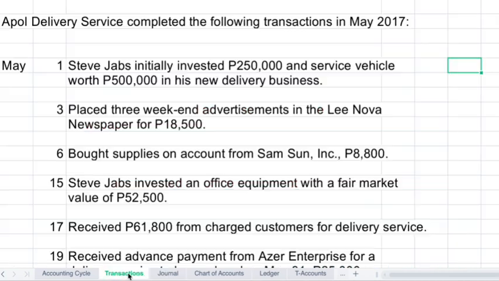Next, we'll have May 6. Okay. So we bought supplies on account from Samsung Incorporated 8,800. Okay, para hindi maging vague. So, lagay na natin dito yung on account.